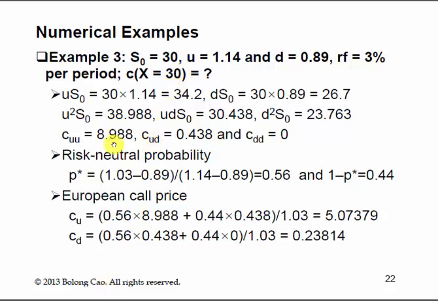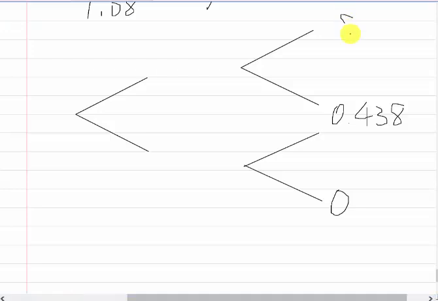So it's 8.988. So that's our call payoffs in three different states.